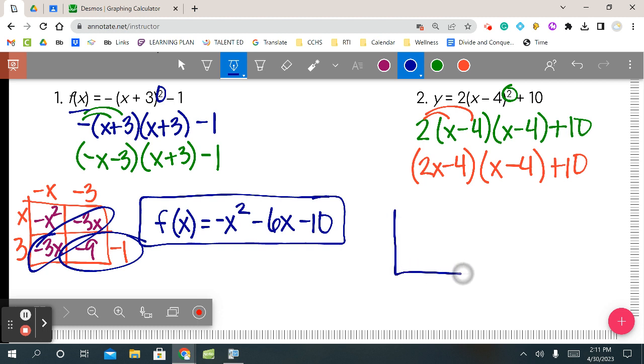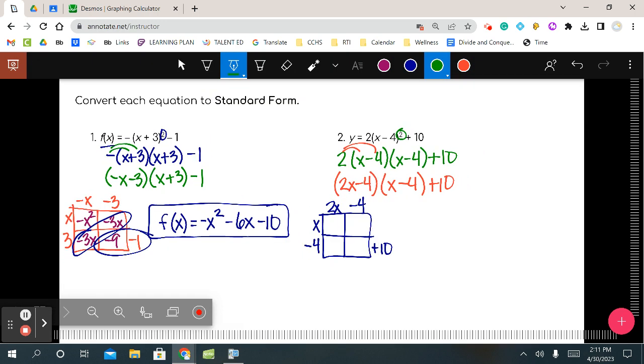You can then do your box method. 2x, negative 4, x and negative 4, and then that plus 10 on the end. So I'm going to get 2x squared, negative 4x, negative 8x, and then a positive 16.